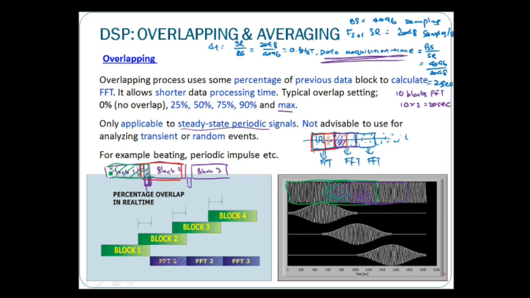So you are only using a very small amount of the full blocks. The second block itself, you are sharing quite big portions of your first block signals. Only this particular part is new signal.